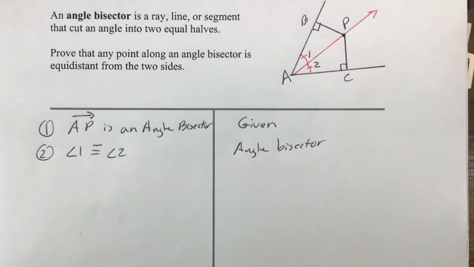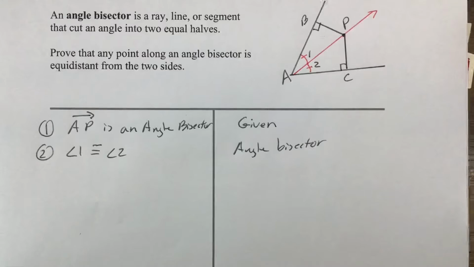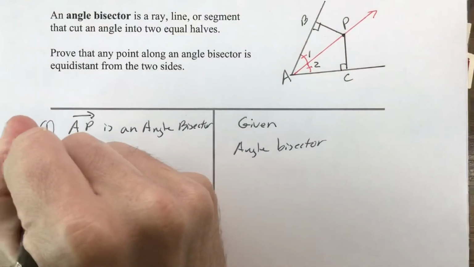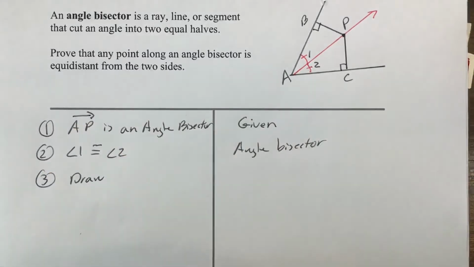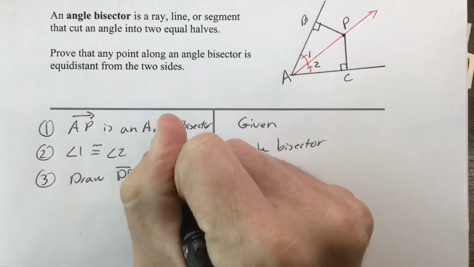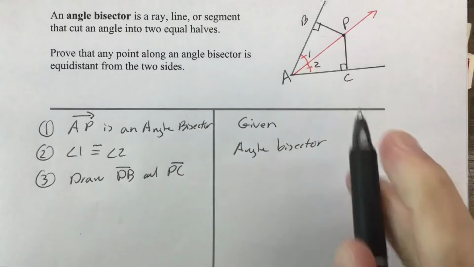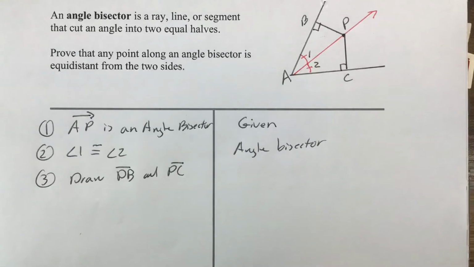In step three, I'm going to explain that the original picture didn't actually have these segments, so I'm explaining that I'm adding those in there. Step three, I'm going to draw PB and PC. I'm going to draw these segments, which means I really identify point B and point C. But when I draw them, I'm going to force them to be perpendicular.